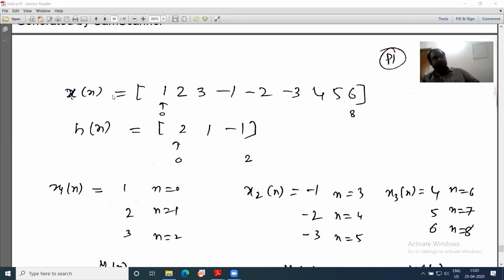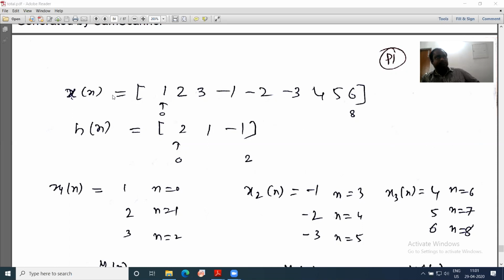So if you have an odd number of samples in hn and an even number of samples in xn, then you divide the block in even number and hn will remain odd number, not an issue. Because N2 and N3 are not necessarily equal.